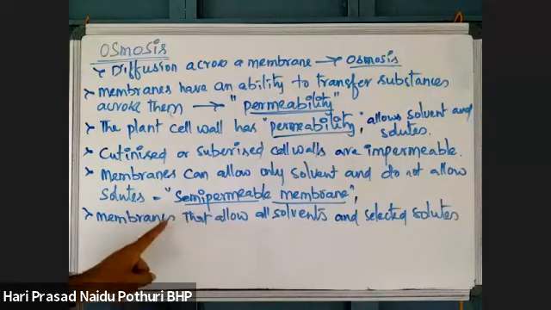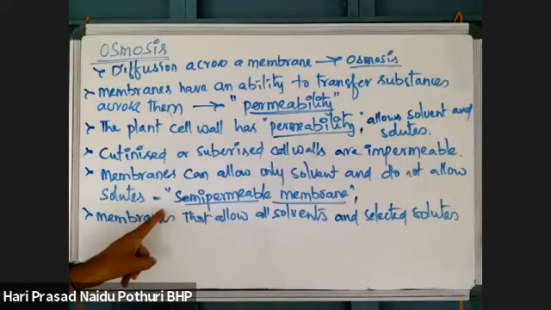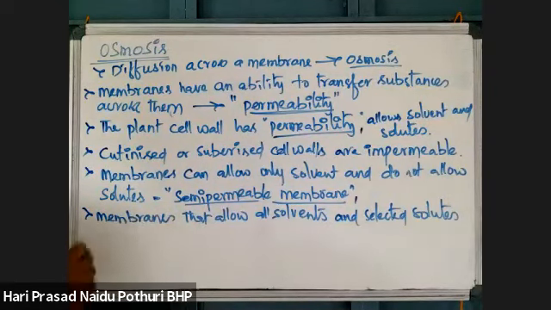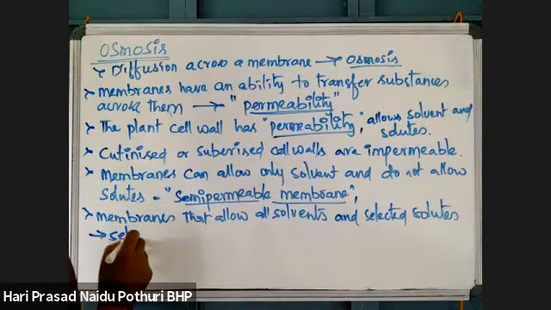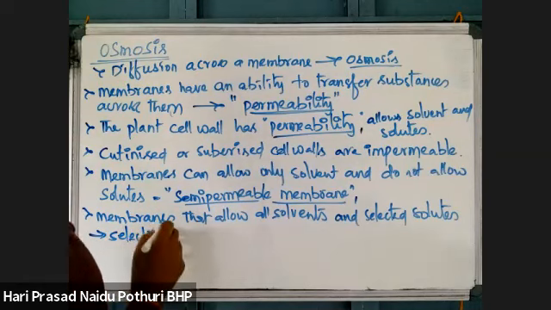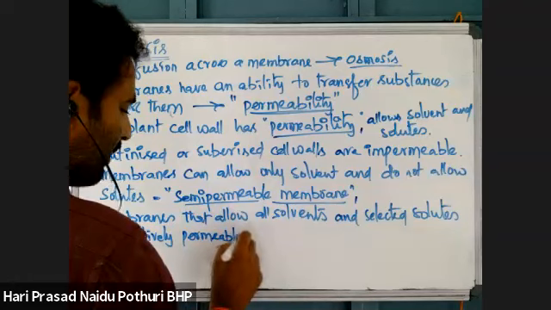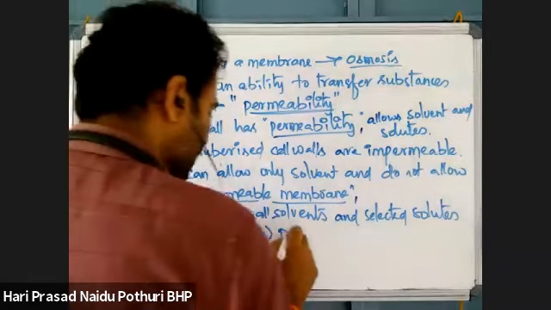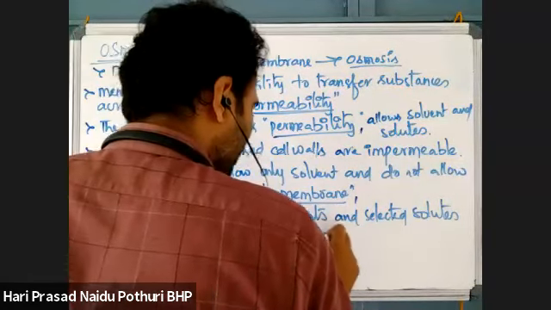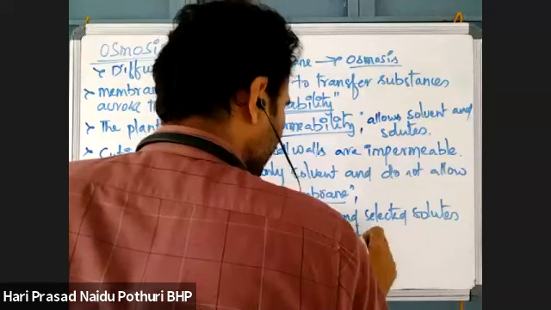But the membrane which allows all solvents but only selected solute molecules is called selectively permeable, which is also called differently permeable membrane.